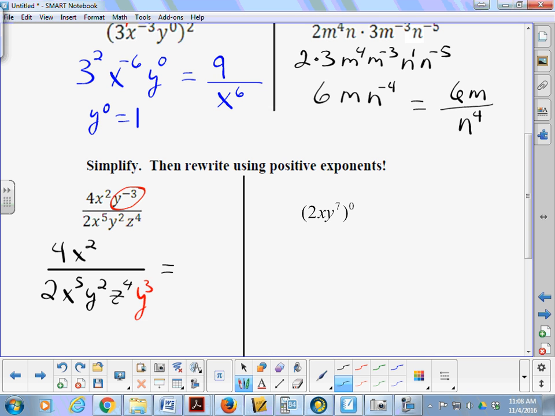Right? Now I'm going to simplify anything on the numerator or the denominator that can be simplified. So we have 4x squared in the numerator. Nothing I can simplify there. But in the denominator, I have the two y's. So I'm going to put them together. So we have 2x to the 5th, y to the 5th, and z to the 4th power.